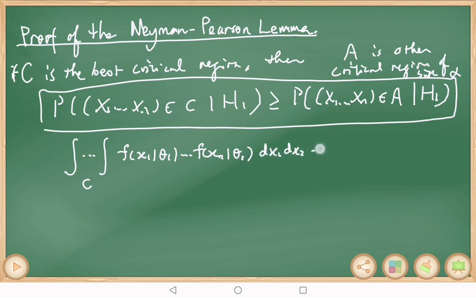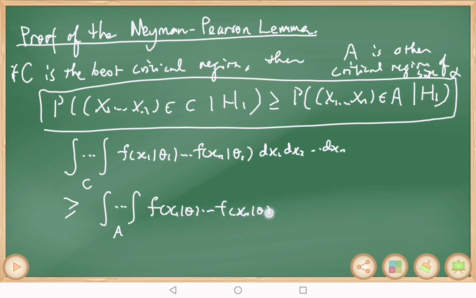So this is a multiple integral, and this is what we want to show under the alternative. So technically we want to show this result.